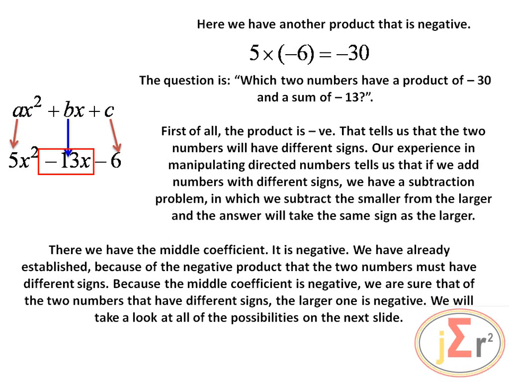We know that when we add two numbers with different signs, we subtract the smaller from the larger, and the answer will take the same sign as the larger. The sum is negative, therefore the larger number has to be negative.